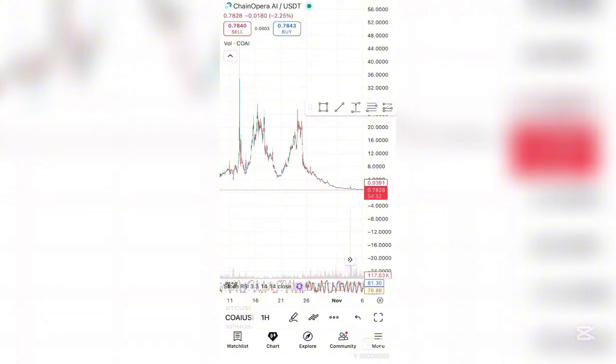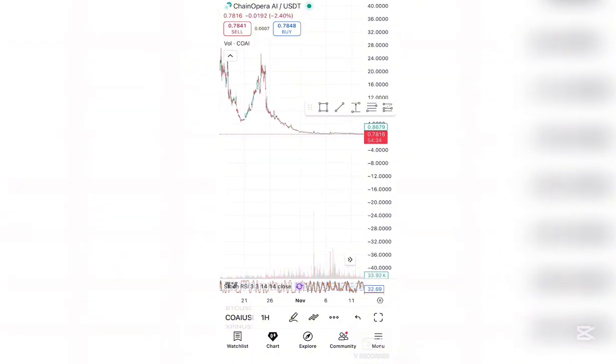Then you see volume, COAI, with the arrow pointing up. If you click that arrow, the volume will vanish, and when you click it again, it will appear.